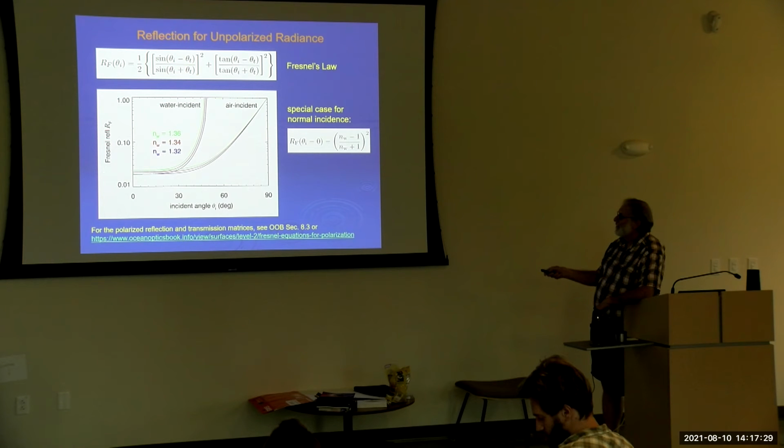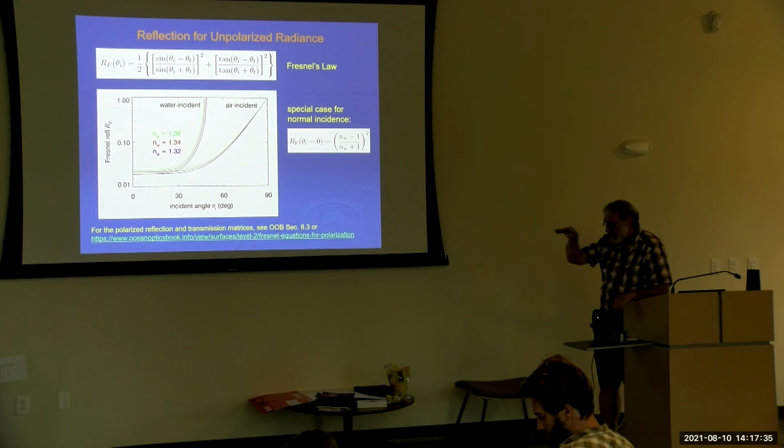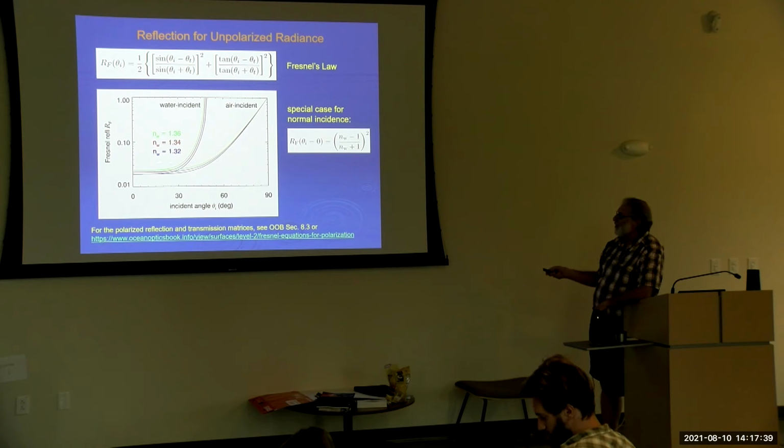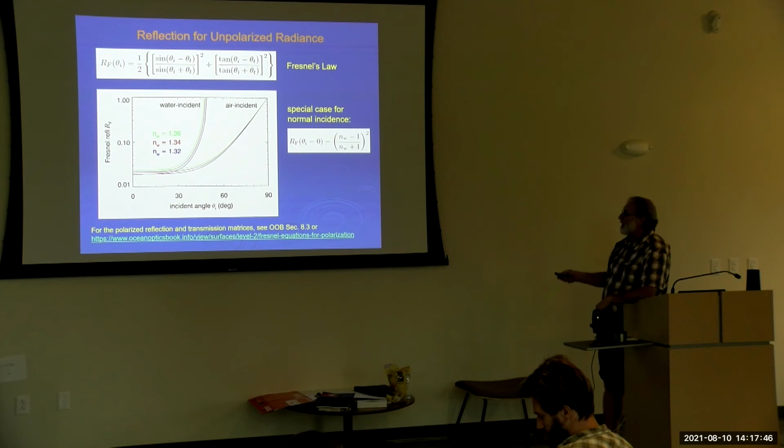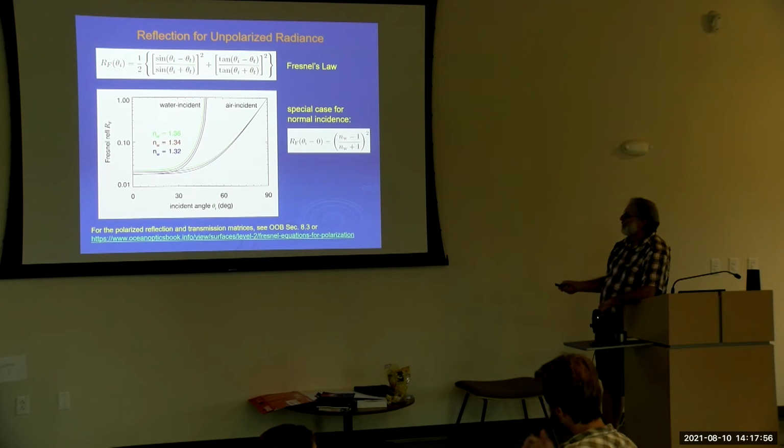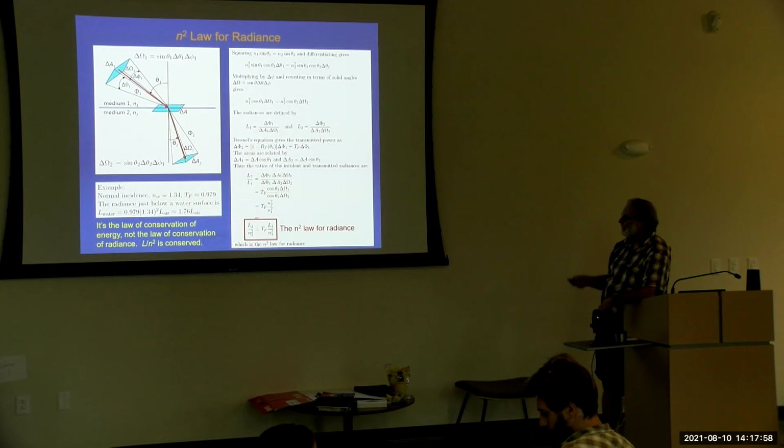So for air incident light, it starts out at 2% and then eventually goes up to 100% if the light hits the water surface exactly horizontally. If it's water incident, it starts out the same, but then by the time you get out to this angle of about 48 degrees, it's 100% reflected. There's no transmitted light. So that's where all of that stuff comes from. I think you probably are all familiar with that.